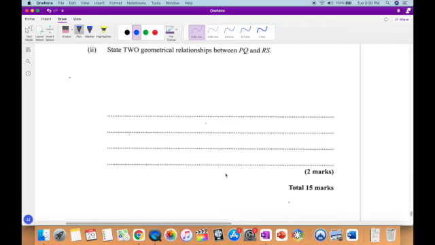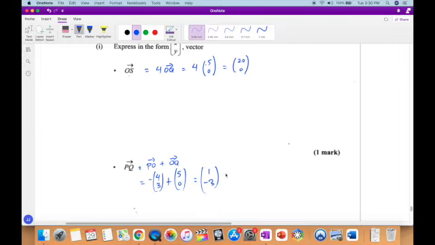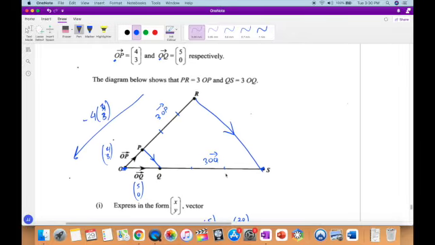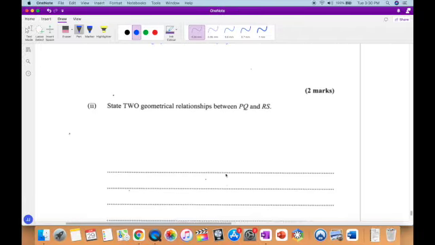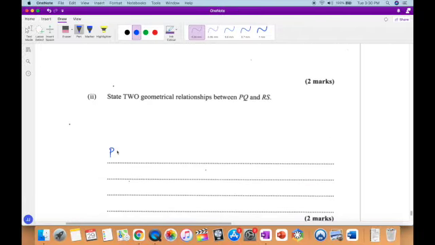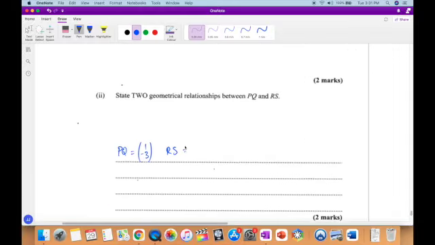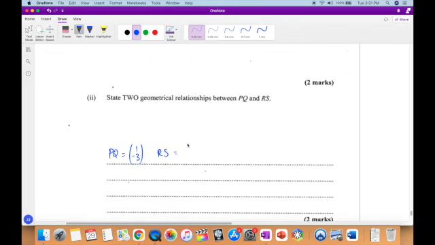State two geometric relationships between PQ and RS. So let's see what PQ is: [1; -3], and RS is [4; -12]. So we can see here that if we put 4 in front of PQ, then we will have RS.